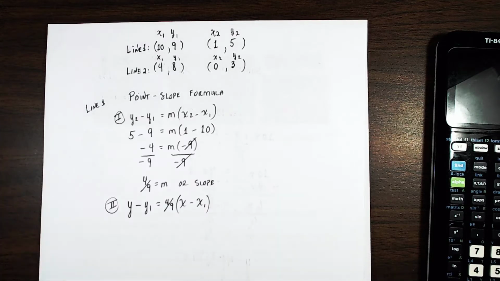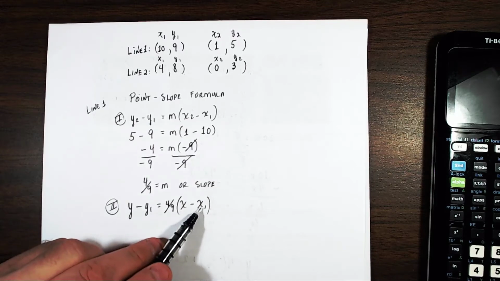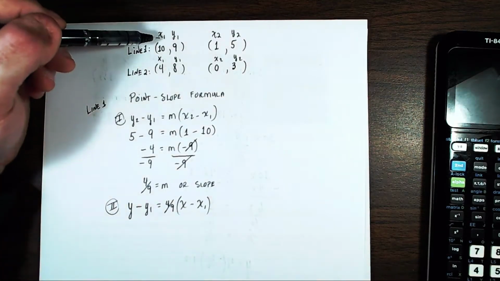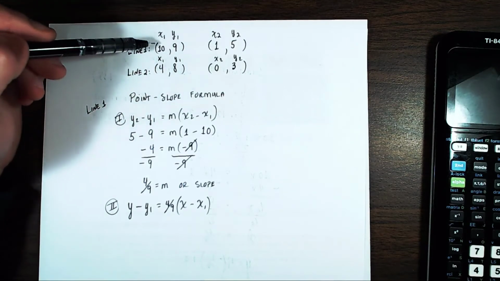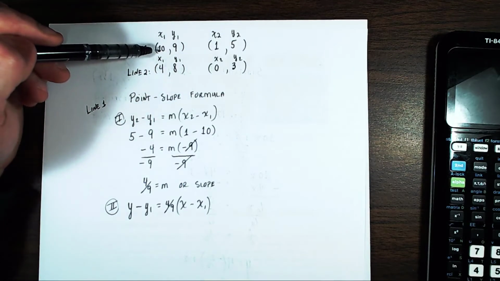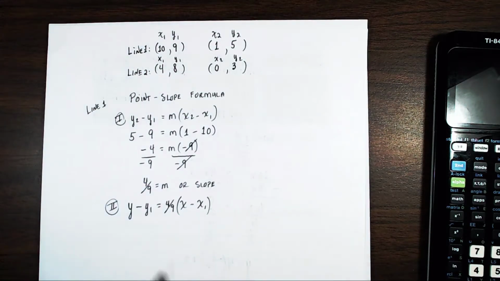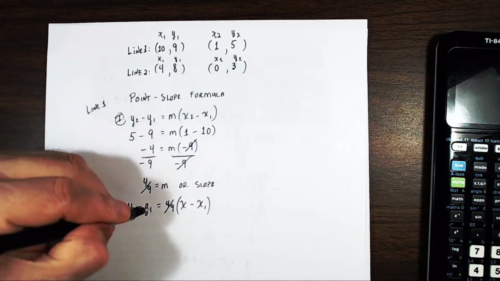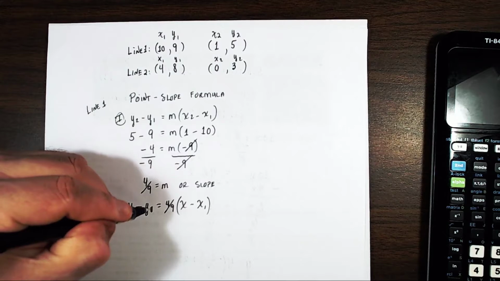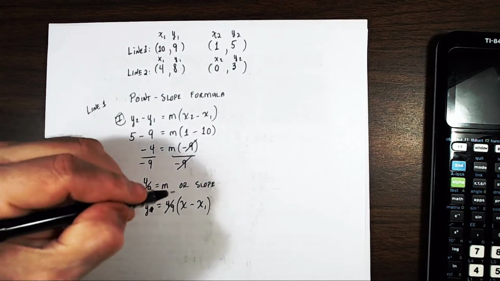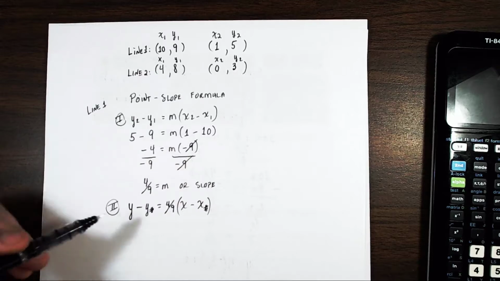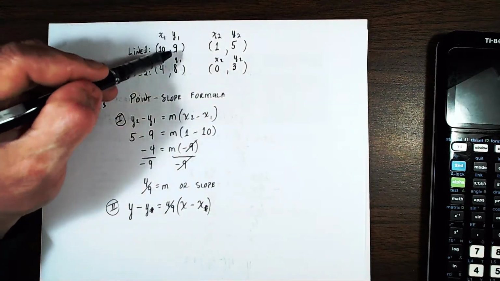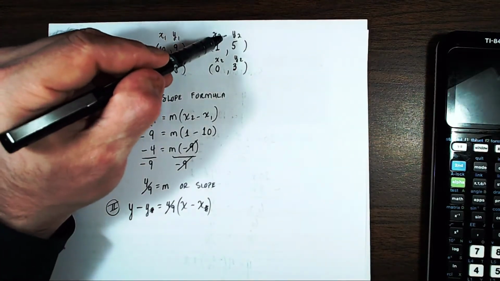Well, what is the value for y1 and x1? Well, go up here to our coordinate points and we see y1 is 9 and x1 is 10. Okay? Just to be clear, this I usually write as y pound symbol and x pound symbol, because it doesn't matter whether you use these values or these values.